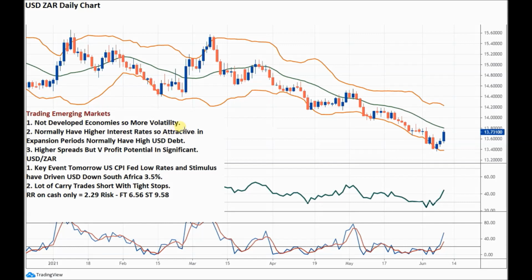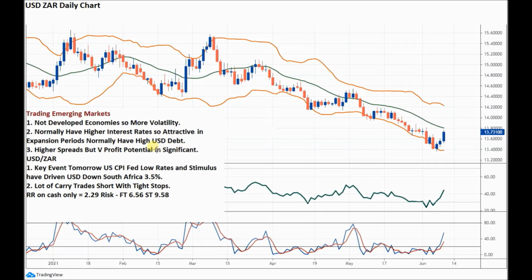They're very attractive when you've got global economic expansion, but they're not attractive when you get global contraction. Risk on makes them attractive, risk off doesn't. They've normally got a higher interest rate as well, which obviously makes them attractive in expansion periods, and they need foreign capital to develop their economies. They normally have high US debt.